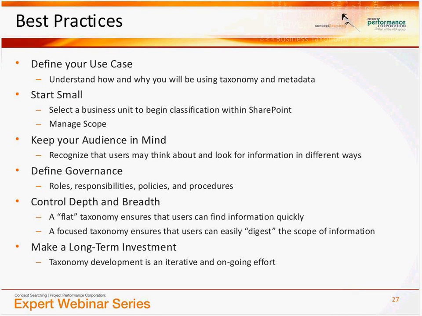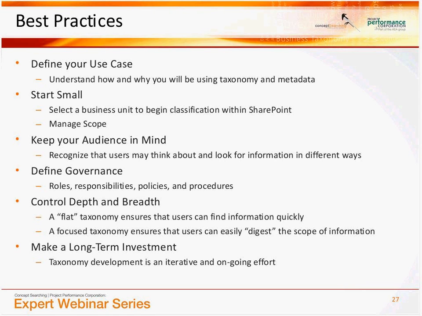A few best practices to keep in mind, and this is the last thing I'm going to leave you with, are best practices that are near and dear to us, not just in the taxonomy world, but in governance and content management. Defining your use case, starting small, keeping the audience in mind, controlling depth and breadth, and making a long-term investment are really critical to developing your taxonomies, your metadata schemas, and your different facets.